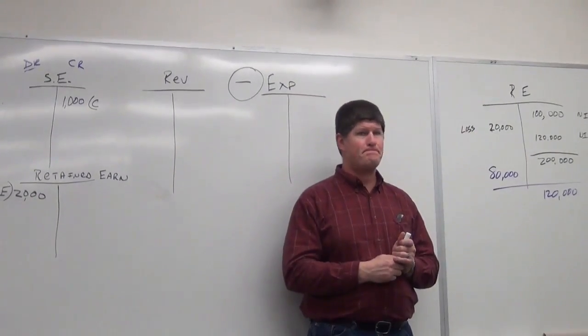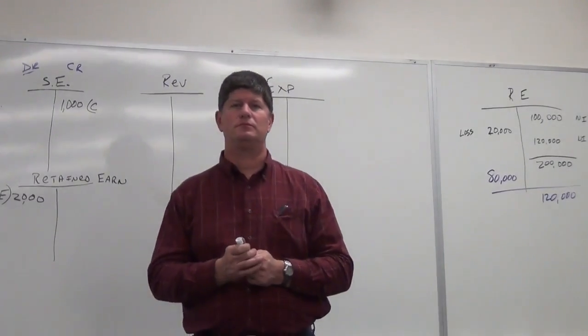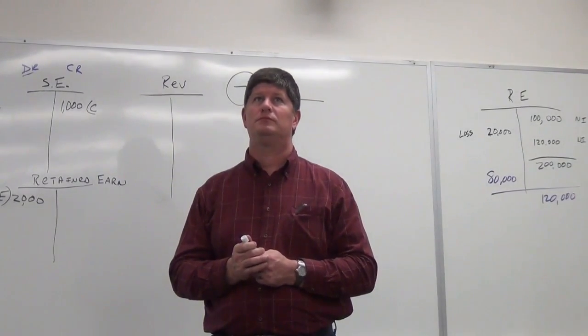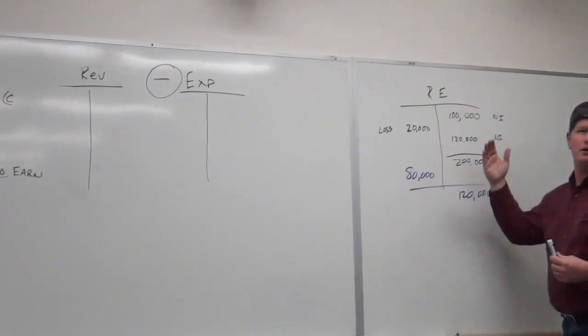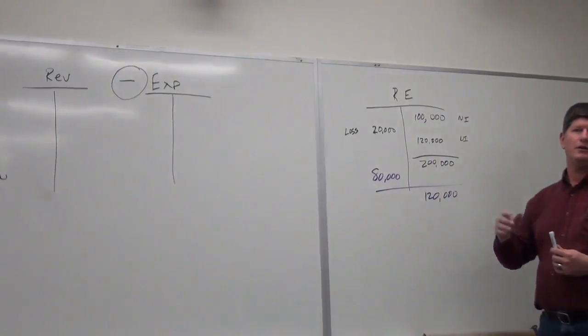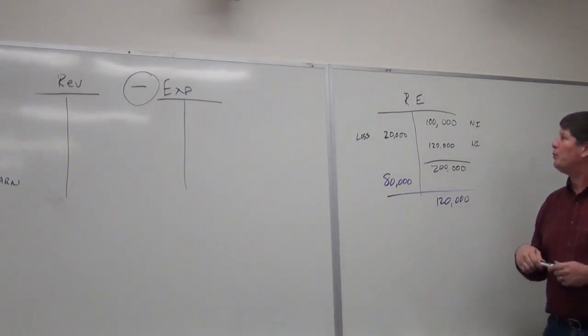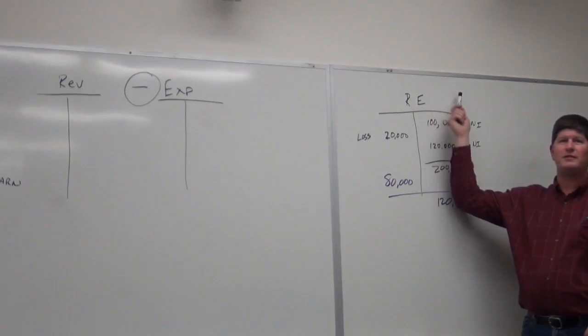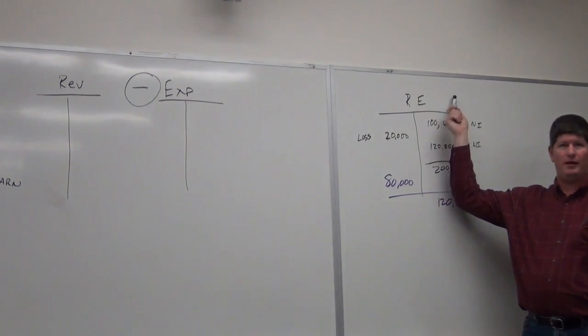Okay? Yes, sir. For the loss, can you credit a negative value, or do you debit it? Can you just write it in brackets and put it on the credit side? Excellent question. Remember, when we went to debits and credits, right and left went away, and positive and negative went away.